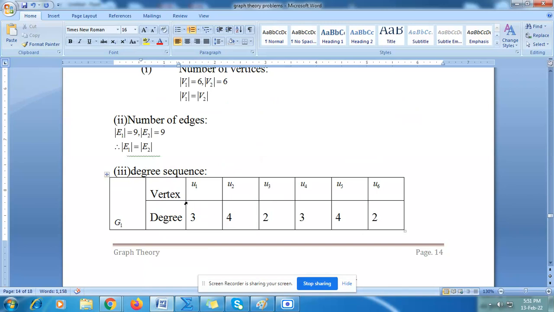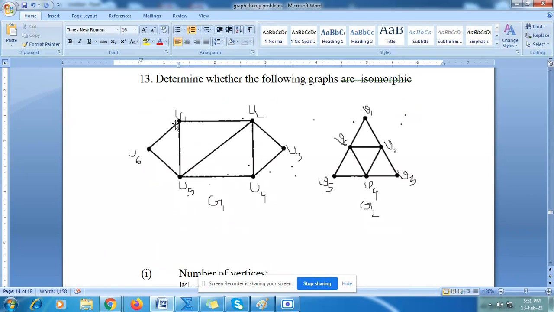Now check the degree sequence. The degree of u1 is 3.